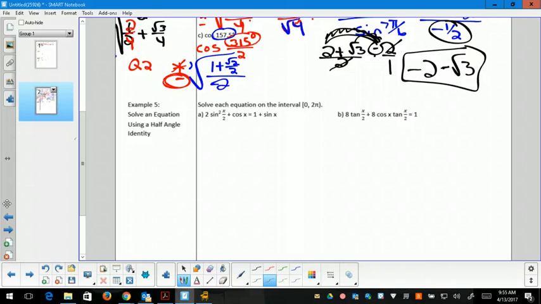Now, up top I have 2 plus square root of 2 over 2, when I change this to 2 over 2. And I'm going to multiply by 1/2. Actually, if I distribute the negative, it's negative 2 minus square root of 2.